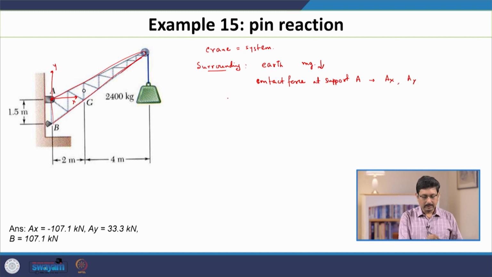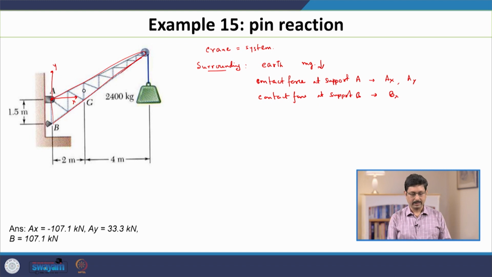The other external force is the contact force at support B. This is a rocker type joint, so it cannot support a vertical force and it will start to move if you apply a vertical force. That means the only force that is possible is Bx.